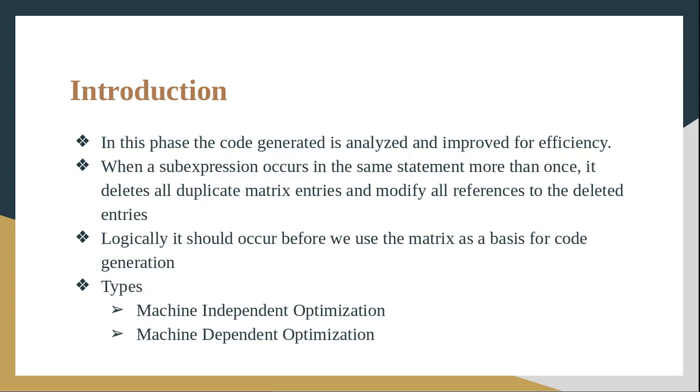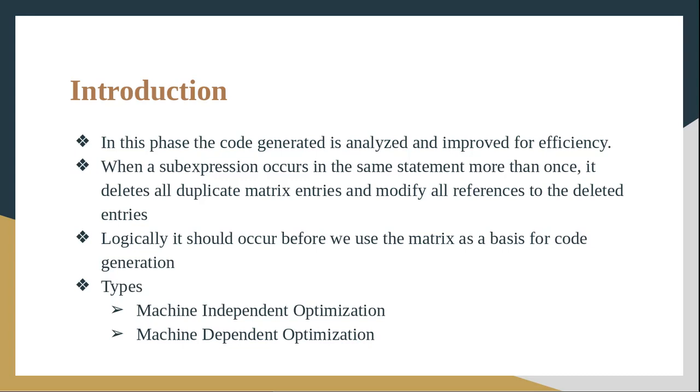So what is happening in the optimization phase? Here, when a sub-expression occurs in the same statement more than once, it deletes all duplicate matrix entries and modifies all references to the deleted entries. That means I have a statement in our source program that contains a particular sub-expression more than once.